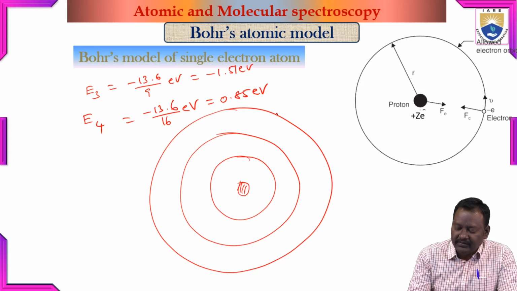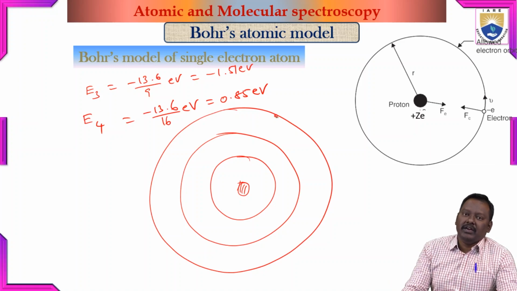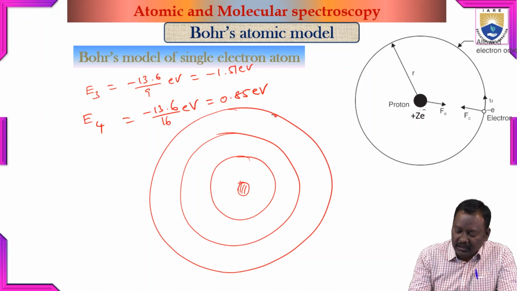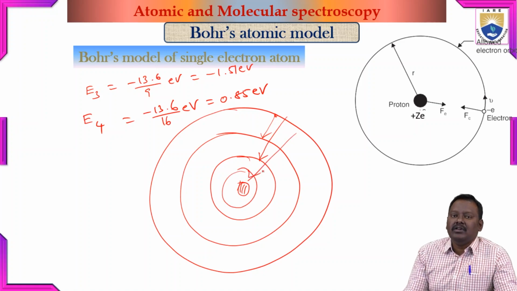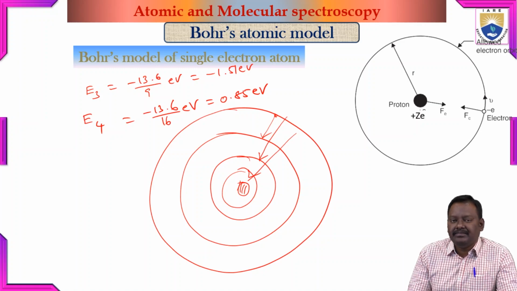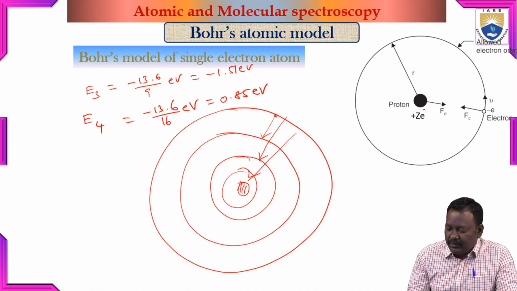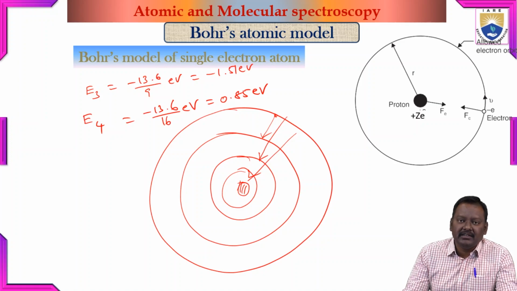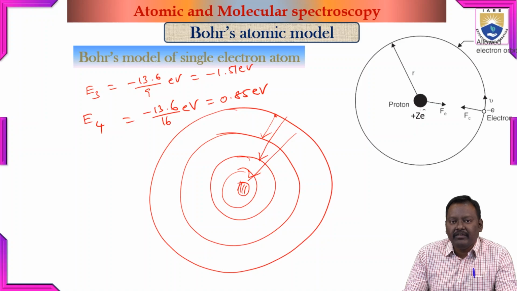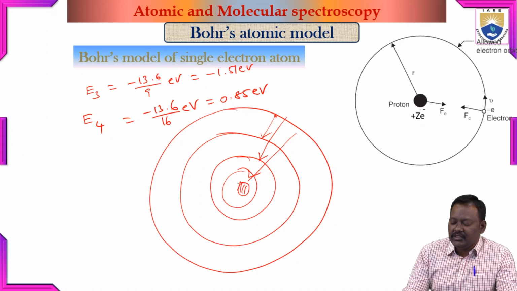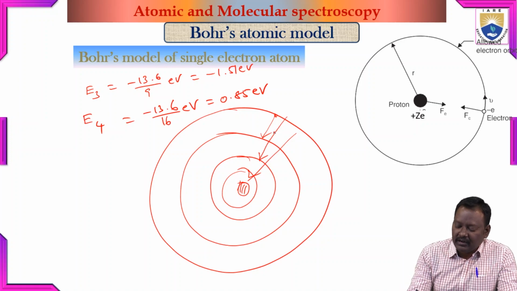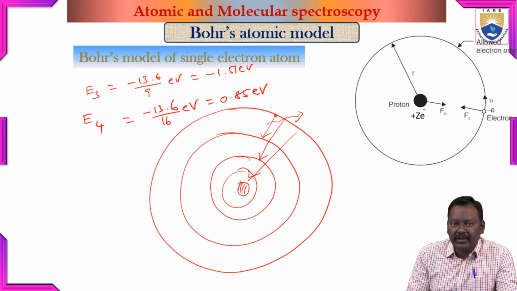After exciting, they must come to the lower levels. While coming to the lower levels, the electron must emit radiation. So it shows different emission lines at particular wavelengths. That is due to the emission of certain radiation of certain wavelength.